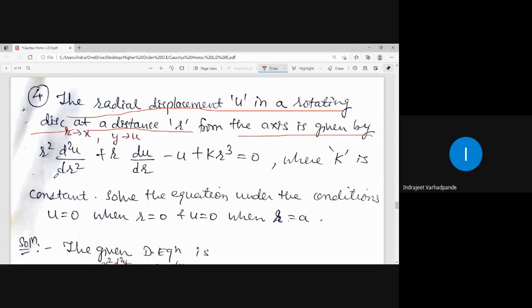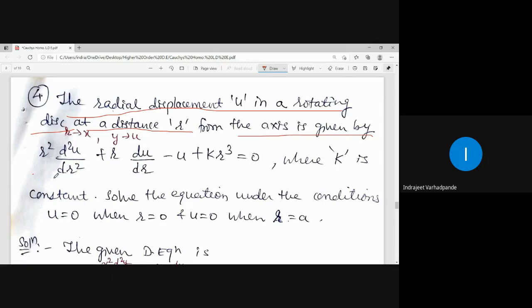But not only remembering x into dy by dx or x square into d2y by dx square, pay attention to the kind of variables. In dy by dx, y is dependent, x is independent. So for Cauchy's homogeneous linear differential equation, we should have the derivative multiplied by the independent variable.